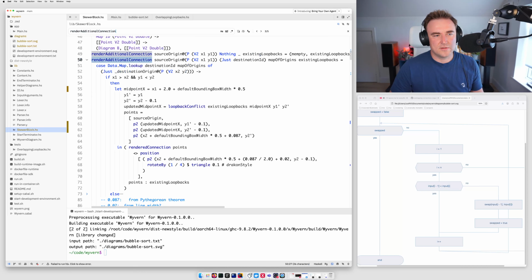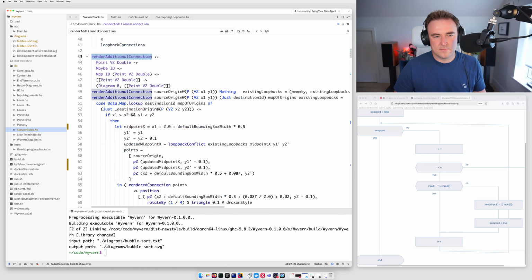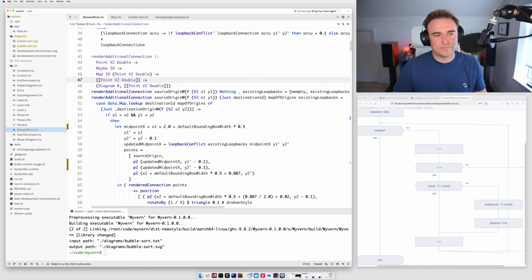So we just need to let this render additional connection know what is the width of the right hand side branch. I'm happy to report that we only call it from 2 places, so that is good. So what do we have?